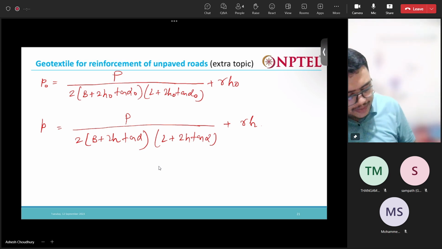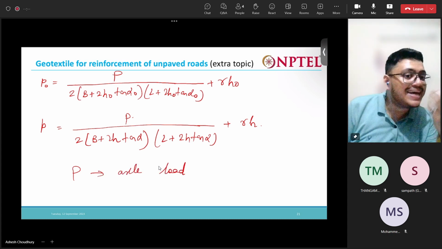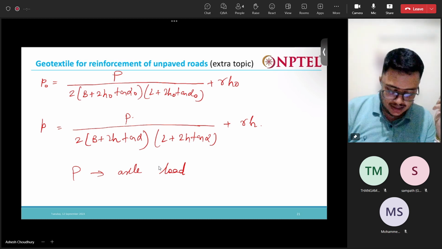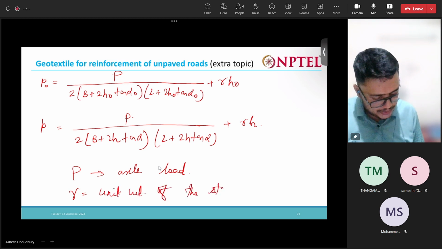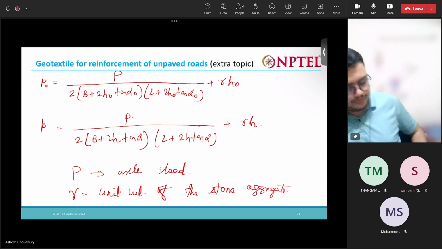What is this capital P? This capital P is the axle load from the vehicle. And what is gamma? Gamma is the unit weight of the stone aggregate. Capital P is the axle load.